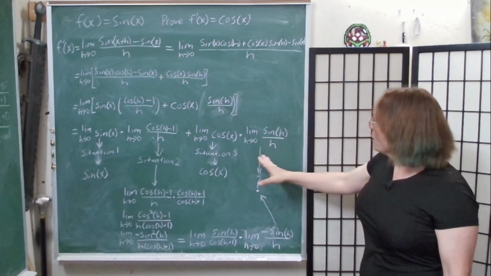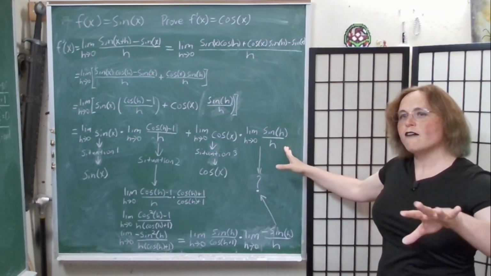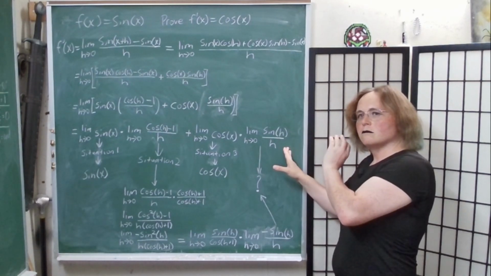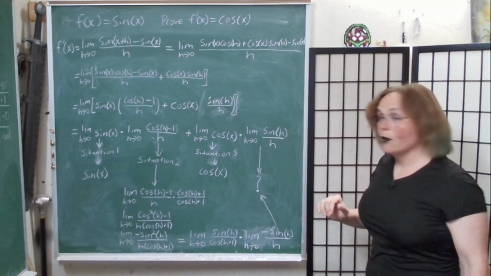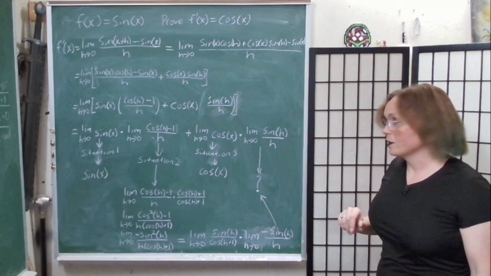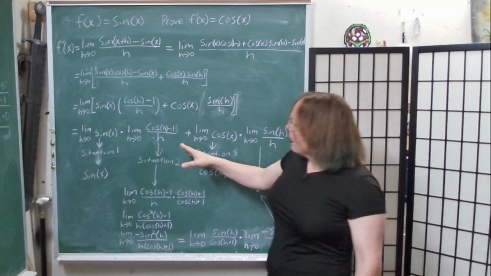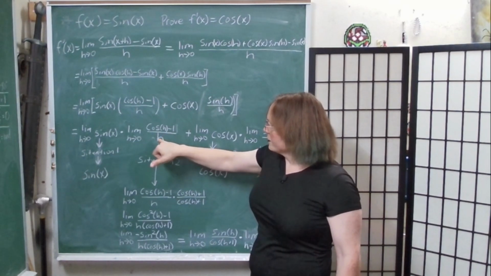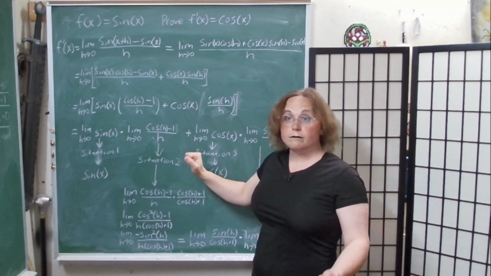We can't really do anything here because we don't have the tools to directly evaluate this limit as it is. We will learn some tools later that we could do this with. Similarly here, we've got a problem down here for similar reasons.